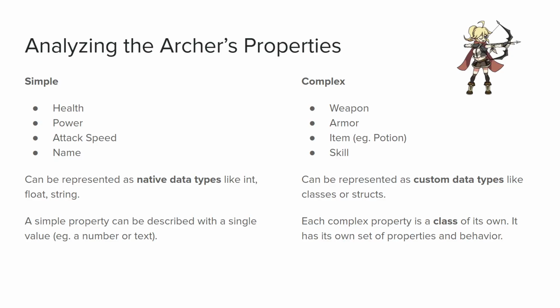So we do this so that we can have our game have more mechanics. Kasi sure, we can have our archer with just health, power, attack, speed, name. Pero paano pa yung mga ano? Maybe you want some equipments. Maybe you want some skills, right? That's why we need to add some complex objects into it.